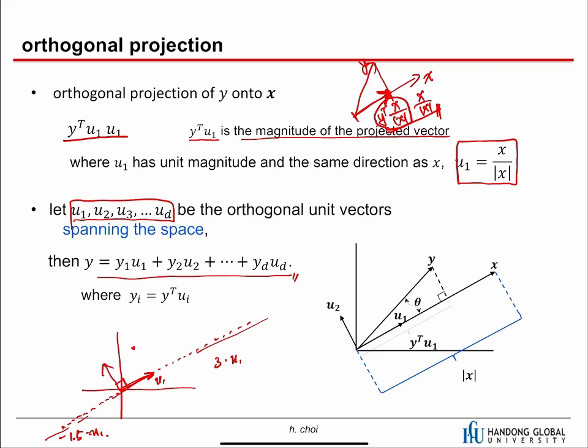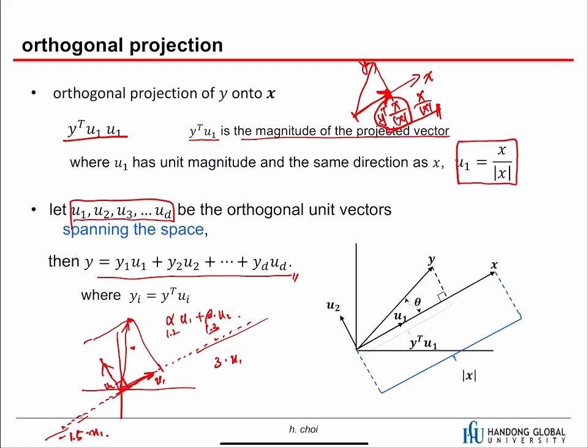So to represent this one, we need another vector, this one. This is orthogonal. So when we have two orthogonal vectors, u1 and u2, then this one can be represented by alpha times u1 plus beta times u2. Okay, so let's say we are representing this one. Then alpha might be 1.2 and beta might be 1.3. Then we can represent this vector.